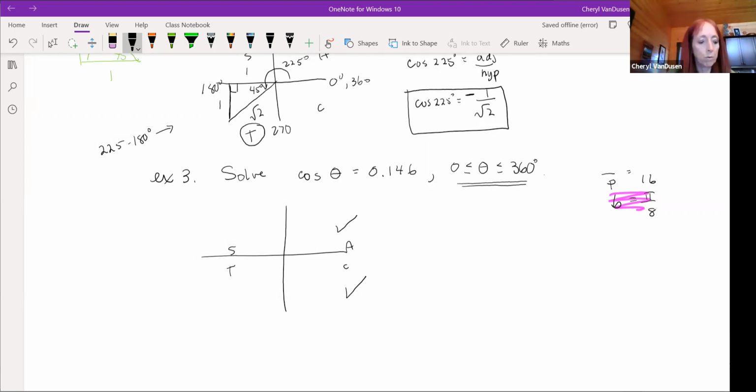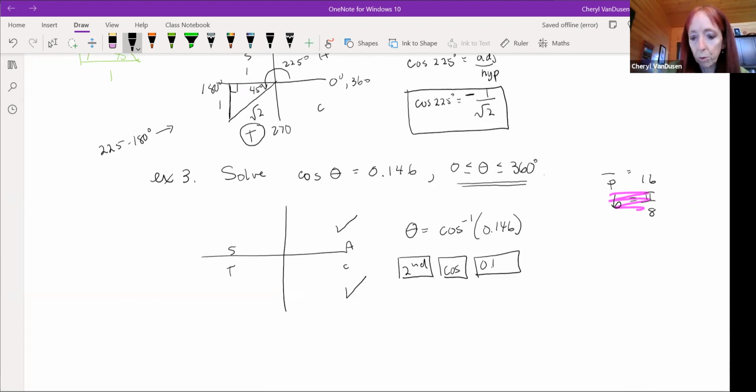Okay, this is the first time we've used our calculator to do inverse cosine. So in your calculator, what you would do is go cosine to the -1 of 0.146. So if you're not remembering how to use your calculator, it's second function cosine. You put your 0.146 in, and then you hit enter.